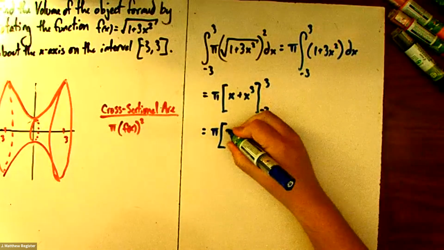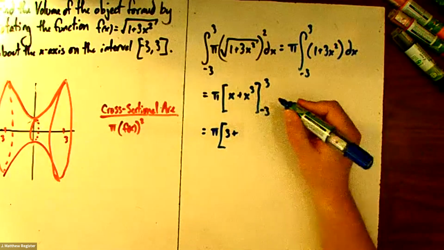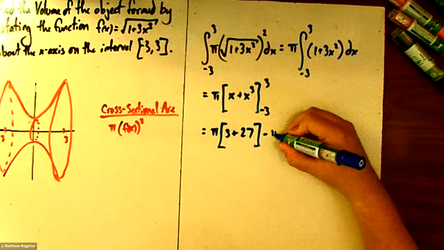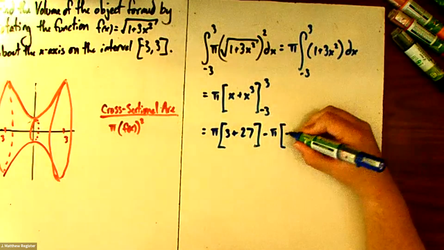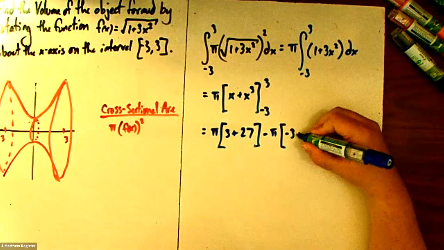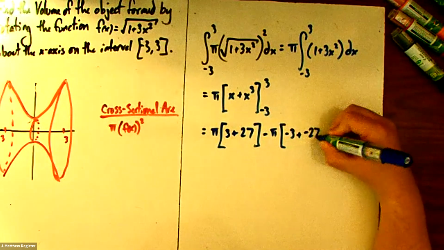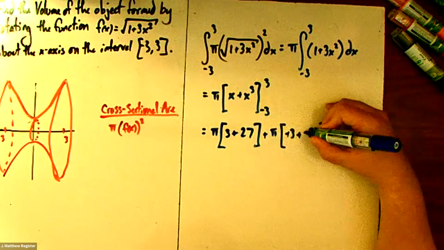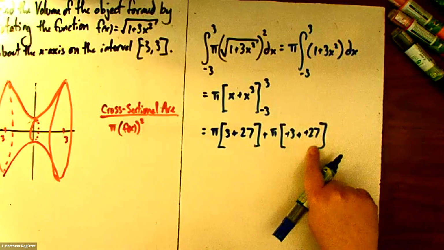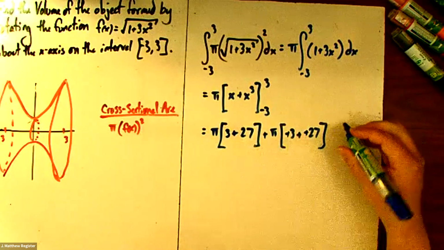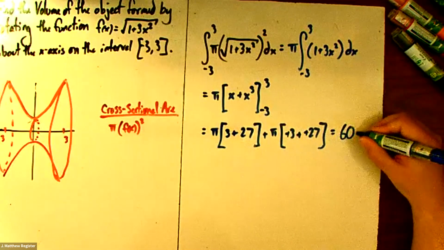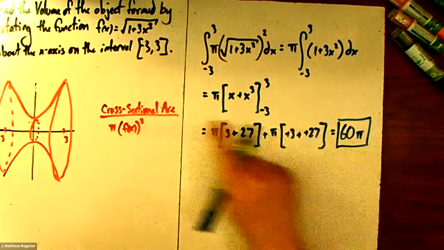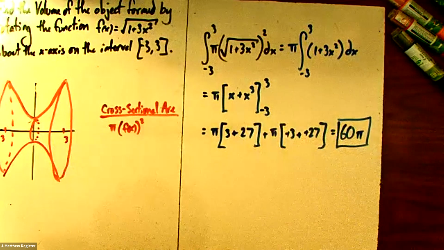Evaluating at 3, we get 3 plus 27, minus pi times -3 plus -27. Canceling out all of our signs, 3 and 27 is 30, and 30 gives us a total of 60 pi. And so the volume of this object is 60 pi.